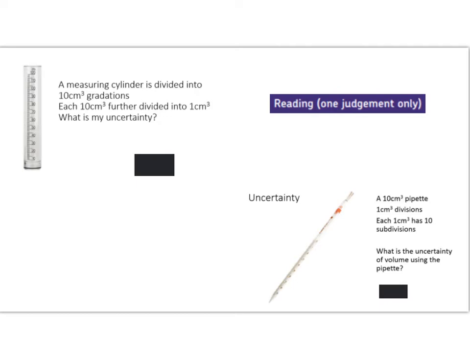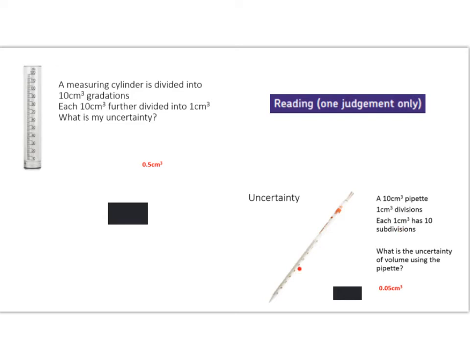So the uncertainty of the measuring cylinder would be 0.5 centimetres cubed. Each division was 1 centimetre cubed, and you just need to read the one measurement, the one reading from where the solution goes up to, and half of the division is 0.5. For the pipette, the uncertainty is 0.05.